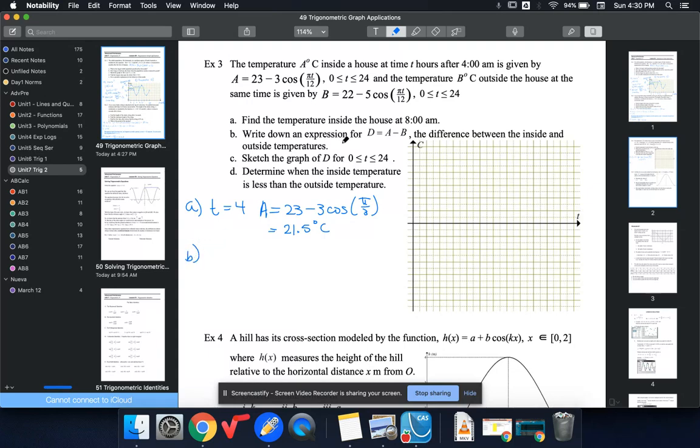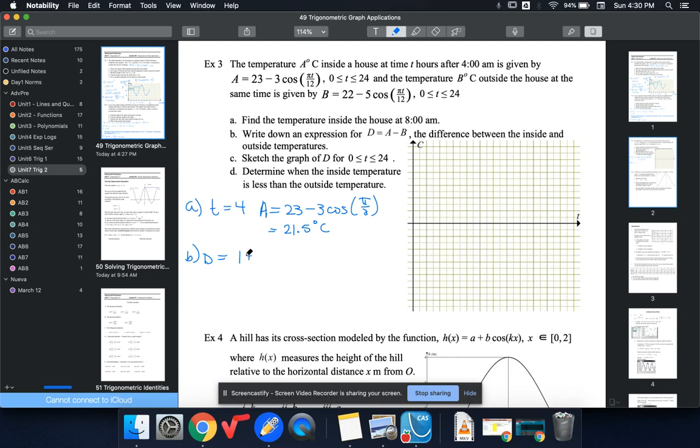Write down an expression for D equals A minus B. So I want the difference between inside and outside temperature. So my difference is going to be 23 minus 3 cos pi T over 12 minus this function. So 23 minus 22 is going to be 1. Negative 3 cos pi T over 12 minus negative 5.